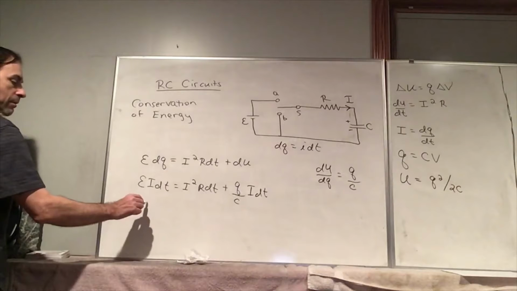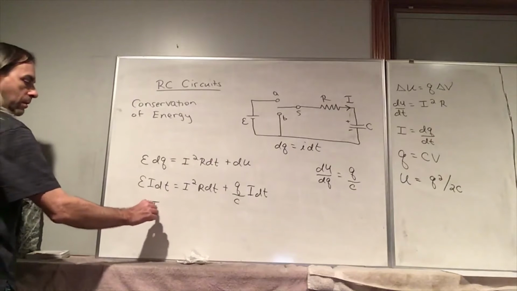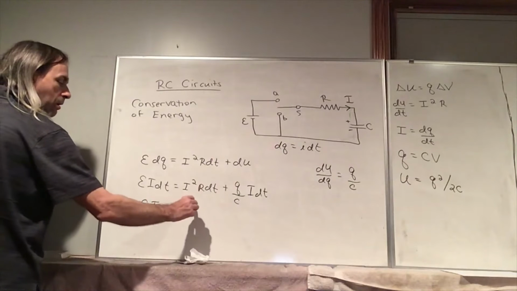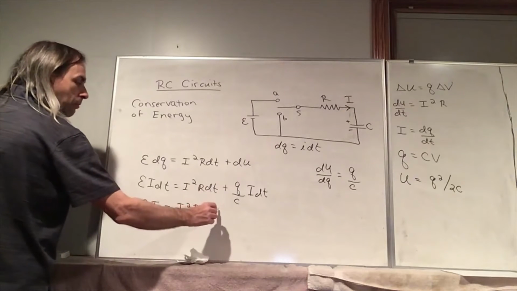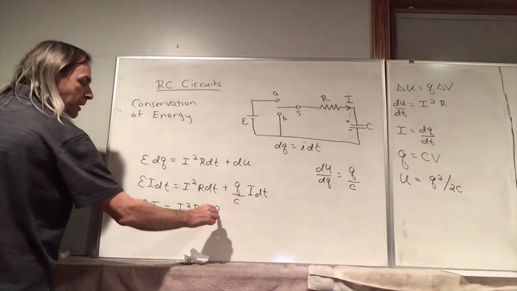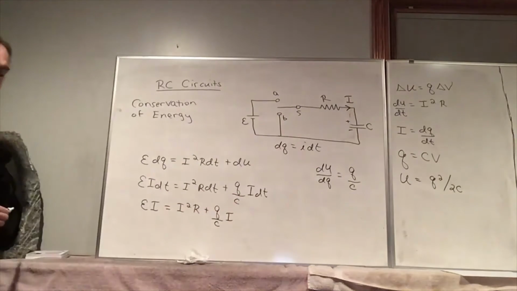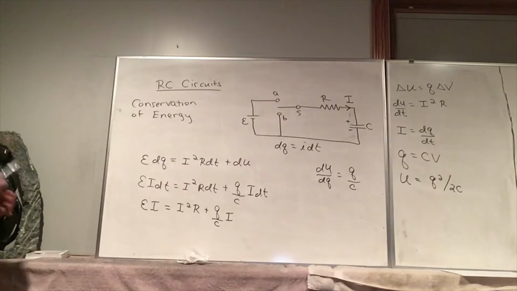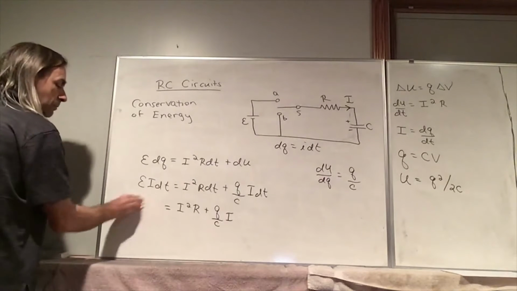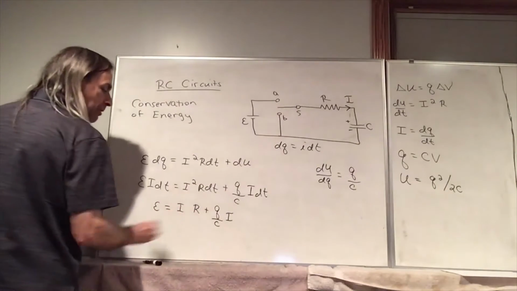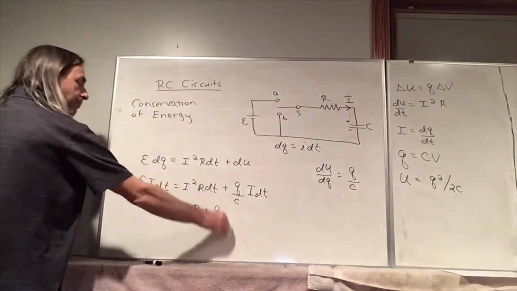So we have epsilon I equals I squared R plus Q over C times I. We can also divide by I, just because I'm running out of room.